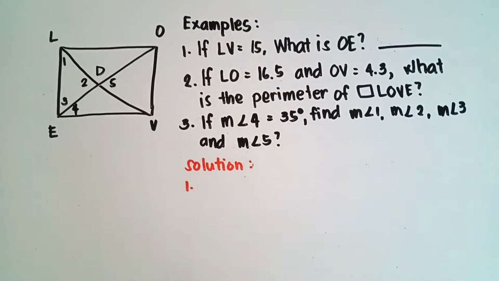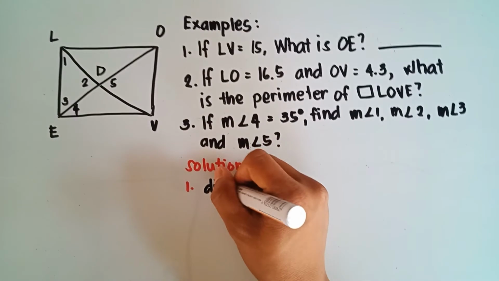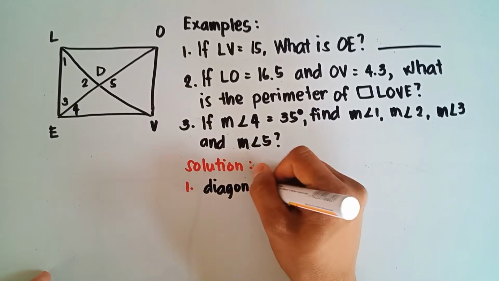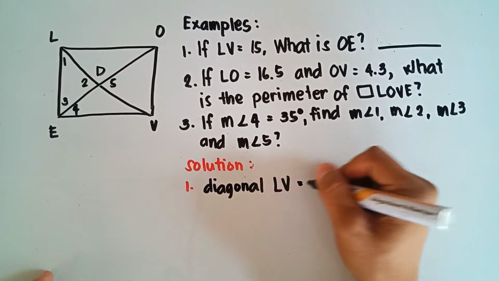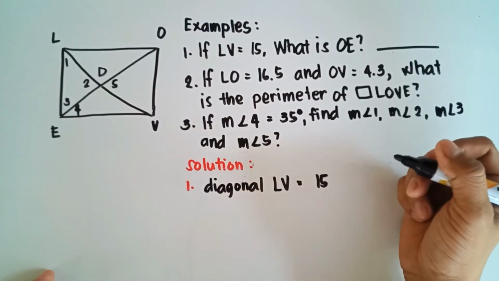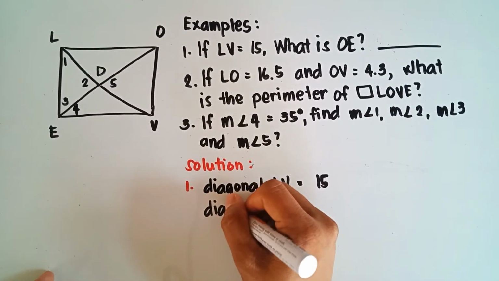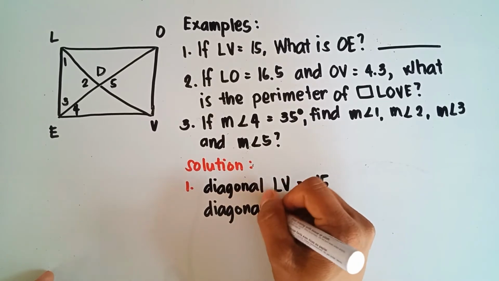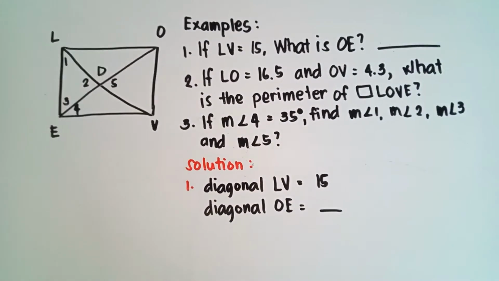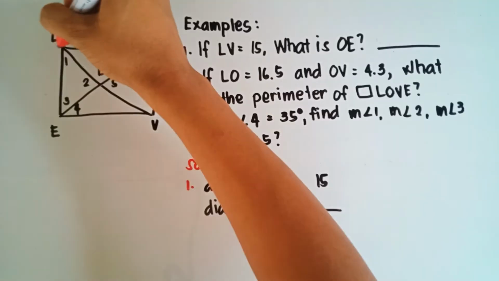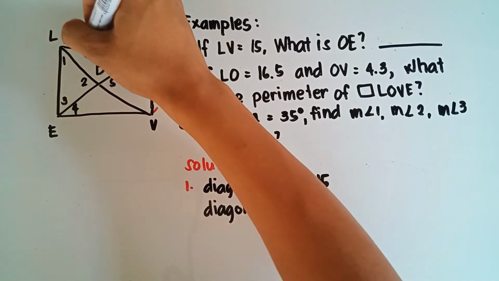For number 1, we have diagonal LV. So this is equal to 15. Also, we're looking for diagonal OE. So we have here the measurement from here up to this point is 15.